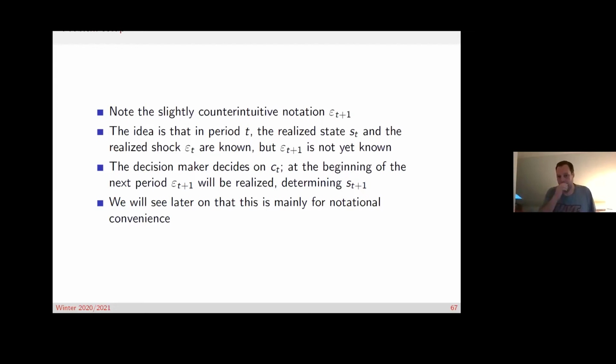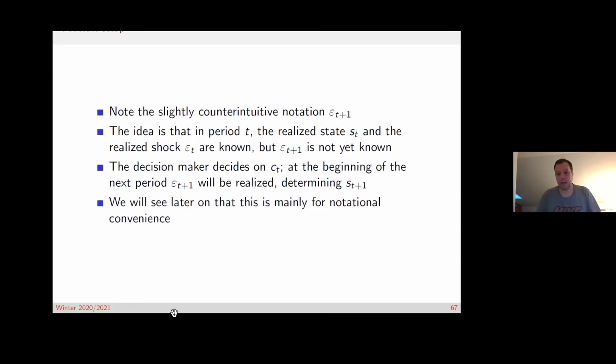Okay, so basically this epsilon t+1 relates conceptually to the next period. At the beginning of the next period, the random variable is realized, or there will be a realization of this random variable. Okay, so this is mainly done for notational convenience.